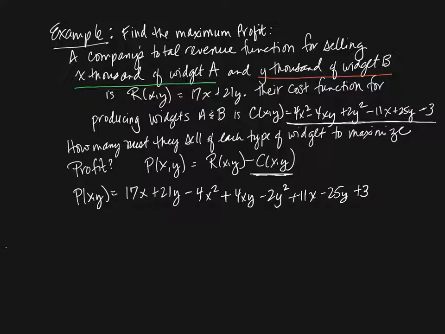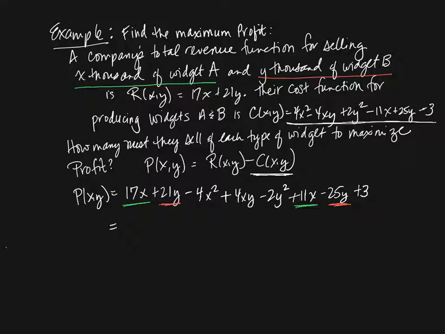So before I move on, I want to collect my like terms. So let's see, I have a term that has just an x in it. There's another one that has just an x. Do I have just a y? I sure do. Just y and just y. And then I have an x squared, no other x squareds, a y squared, no other y squareds, and a mixed xy. So let's see.